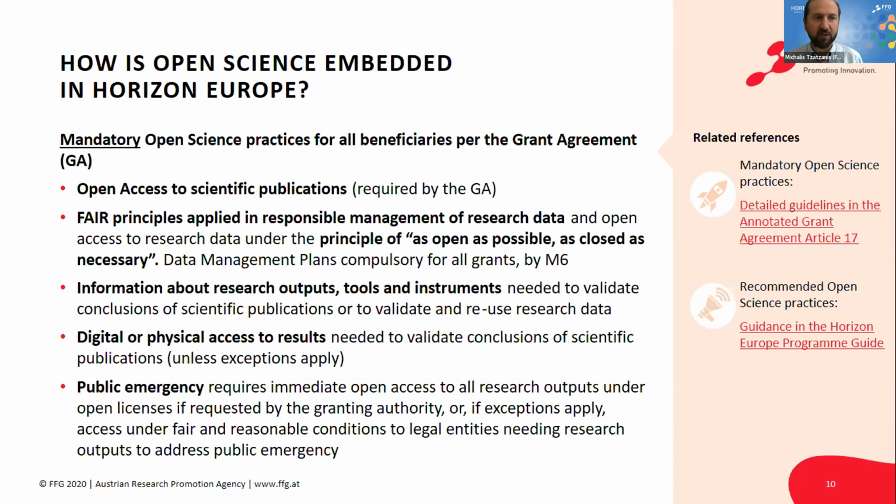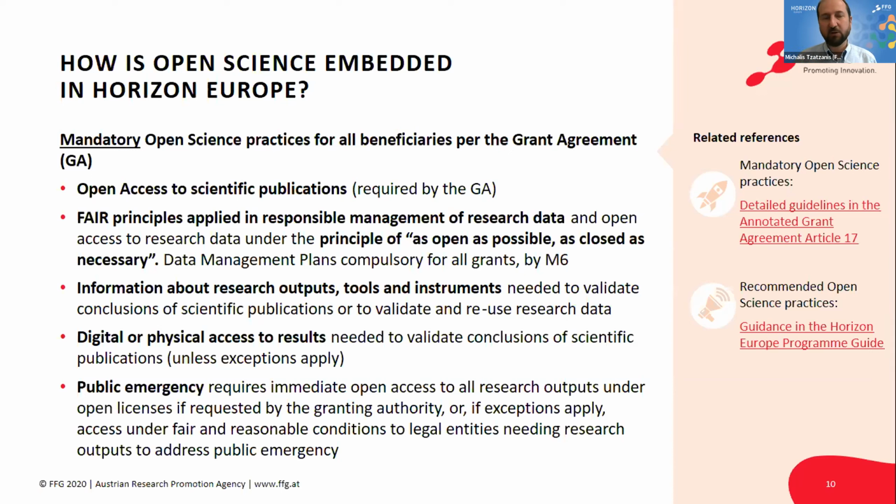And there is also a clause for cases of public emergency. If you get funded by Horizon Europe and there's a public emergency that addresses, say, the area of your research, you might be required to give open access to all research outputs under open licenses if the Commission requires you to do so.